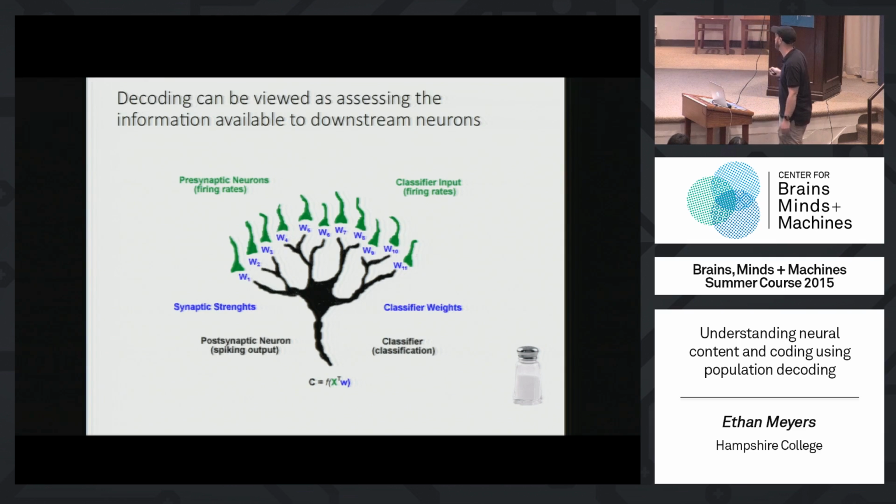So you could actually view what the classifier learns as synaptic weights to a neuron. You could view the pattern of activity you're trying to classify as the presynaptic activity. And then by doing this dot product multiplication, perhaps passing it through some nonlinearity, you can output a prediction about whether there's evidence for a particular stimulus being present.